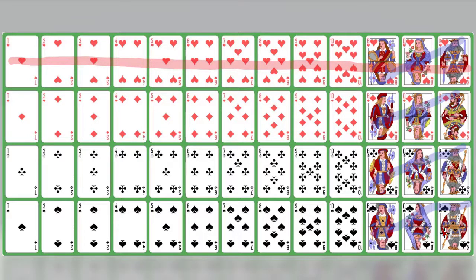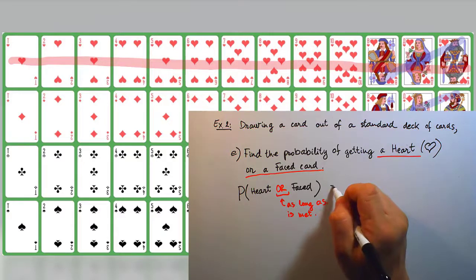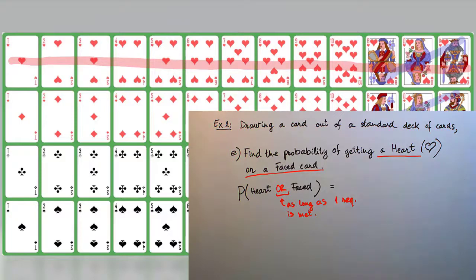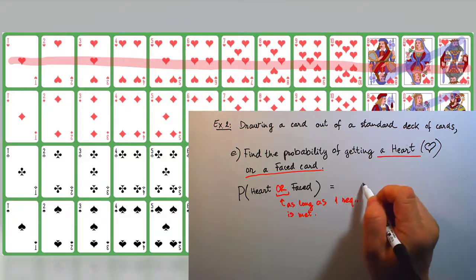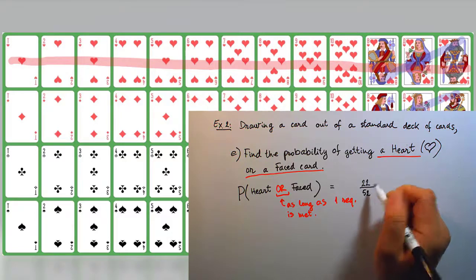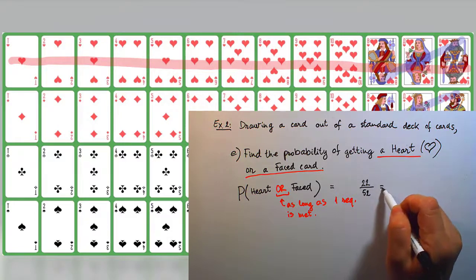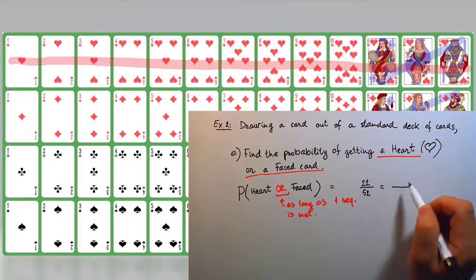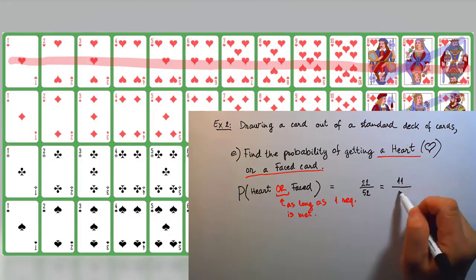And so now totally we are looking at 22 out of 52, and that fraction reduces down to 11 out of 26.